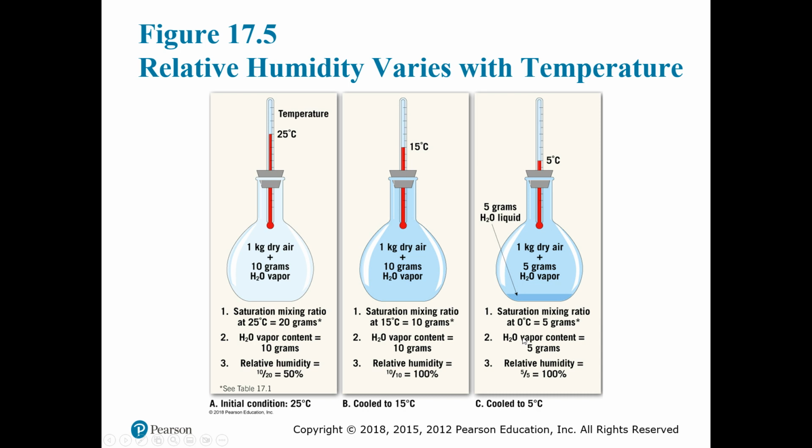Those two should match here. But in any case, I'll have to look into that. It's cooled to 5 degrees Celsius. And I think the idea here is that it's supposed to be able to hold 5 grams of water at that temperature. So it's holding 5. It can hold 5. So 5 out of 5 gives us a relative humidity of 100%.